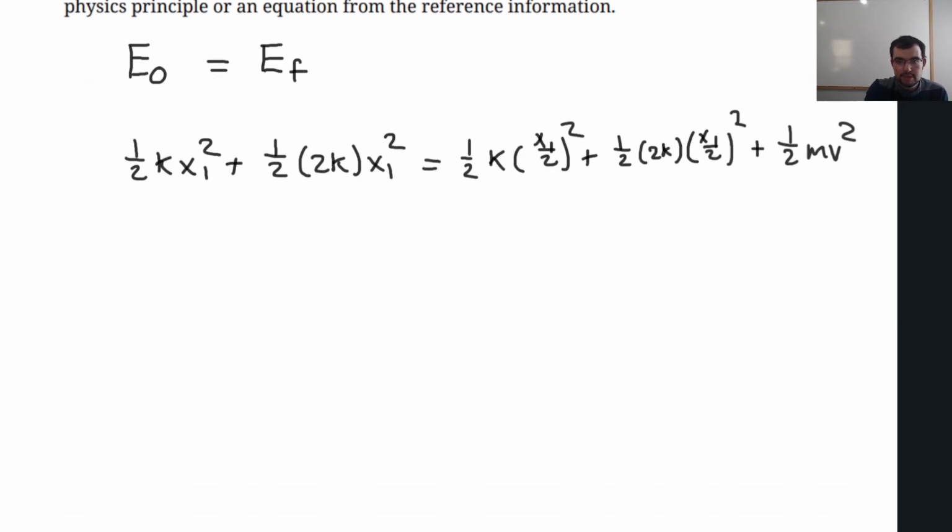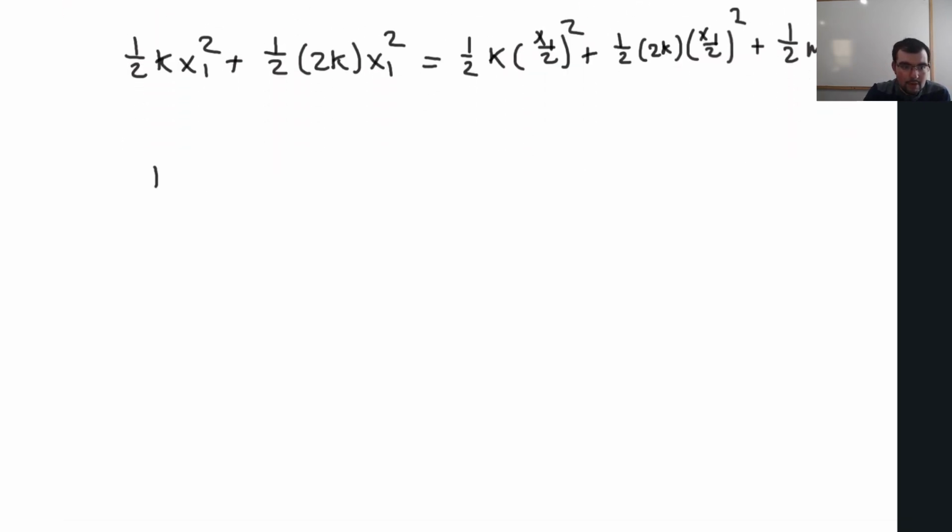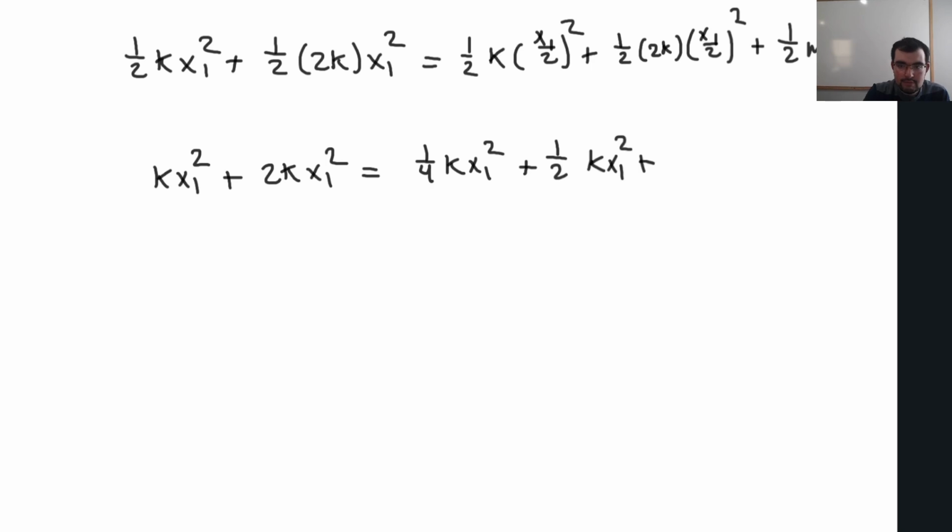That's a big chunk of terms with kx1 squared in them, so we can combine a lot of them in these next steps. Everybody has a 1/2, so my next simplification is just kx1 squared plus 2kx1 squared equals 1/4 kx1 squared plus 1/2 kx1 squared plus 1/2 mv squared.